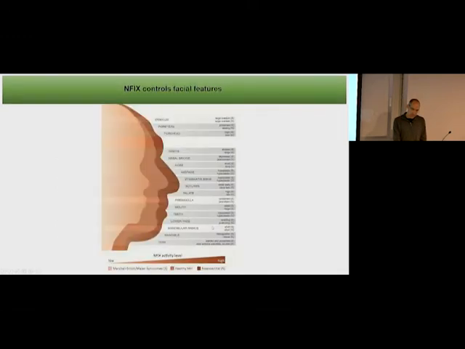So this is quite interesting. We think that NFIX seems to be controlling at least one of the genes that are controlling facial features via its expression. And what you see here is the NFIX loss of function. This is the silhouette of a modern human, and this is the silhouette of a Neanderthal, and this is the level of NFIX activity.